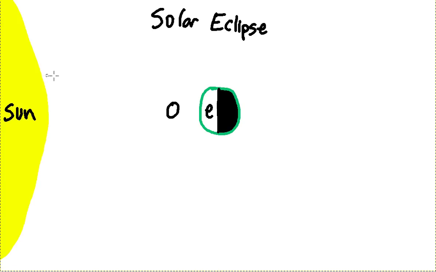and just try and show the shadow that gets cast by the moon onto the Earth. So right here would be that shadow. Not a very large area. This happened actually the first day of school.